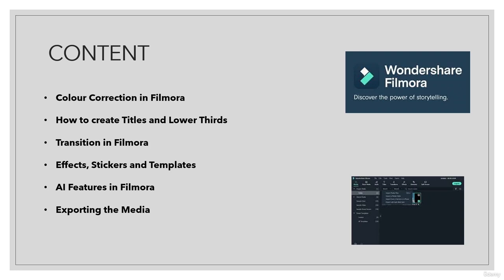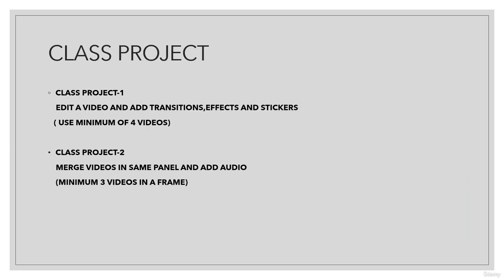And after that, I have also given you guys some class projects. Here I have two class projects. In the first one, you guys have to edit a video and add transition effects and stickers in that particular video, and you have to use a minimum of 4 videos.